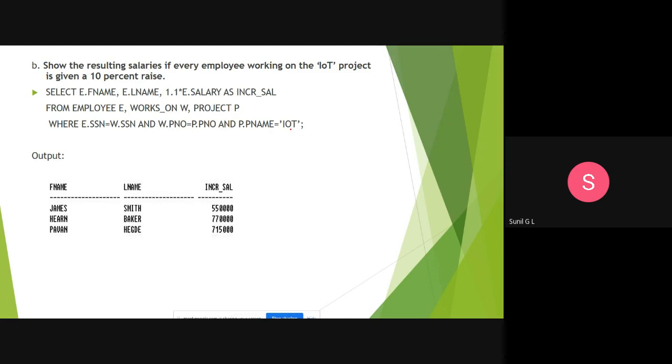That one will be displayed on the screen when you execute this query in the SQL environment. Okay, F name, L name, and increment salary. Suppose if it is 50, 10% will be the hike for each person who is working in the IoT project. So this is the second query.